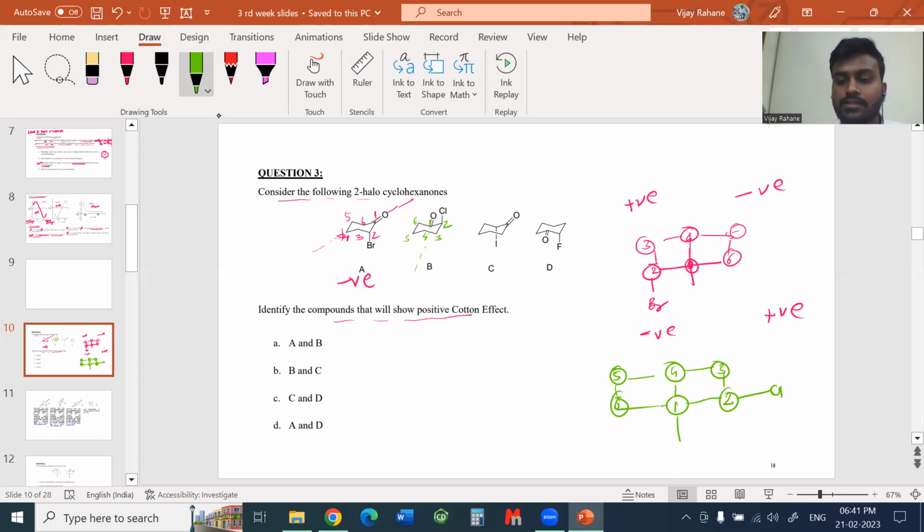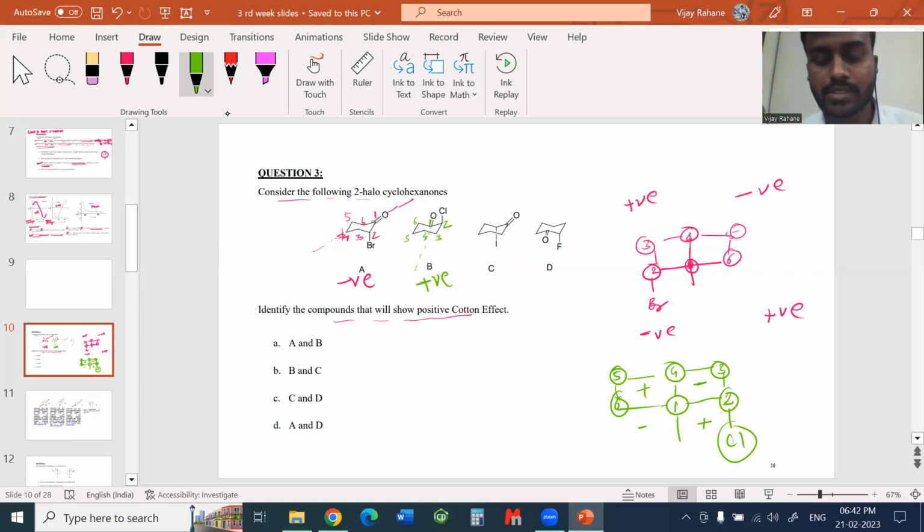So you can see this one is positive. Sorry, the chlorine is axial, right? So axial will come here, and you can see negative, positive, negative, positive. So this lies in the positive quadrant, so it shows the positive effect.